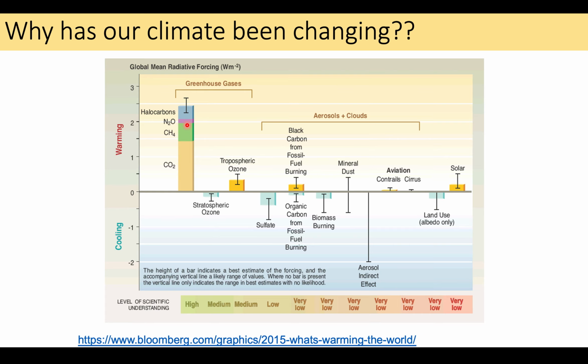As you can see, there's a lot more on the warming side, which is why we know our atmosphere has been warming. Here we have our greenhouse gases. We've had an increase in greenhouse gases, also an increase in some aerosols and clouds. So the net effect of all of these changes, the largest being our greenhouse gas increase, has caused warming of our atmosphere.